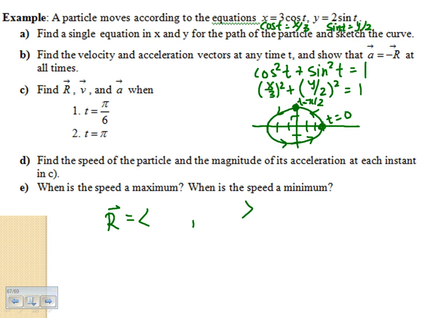Katie, what are you thinking? It's just the position. What component goes here? So what is that?